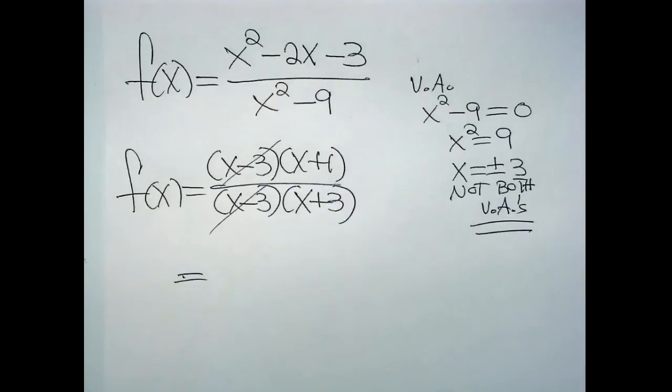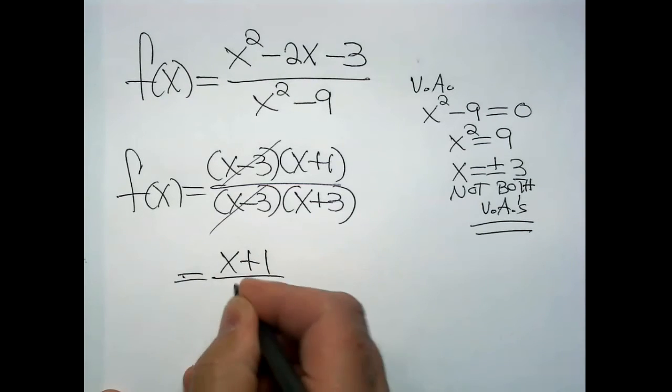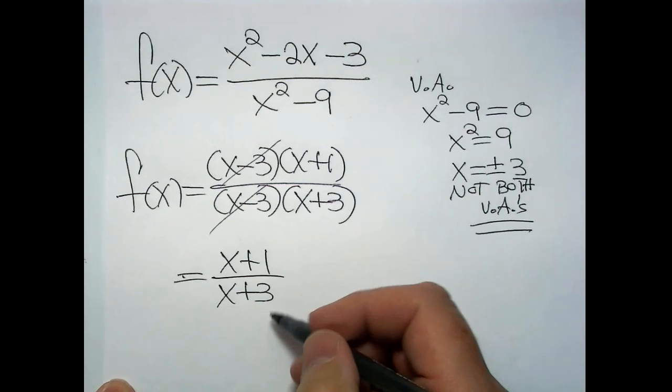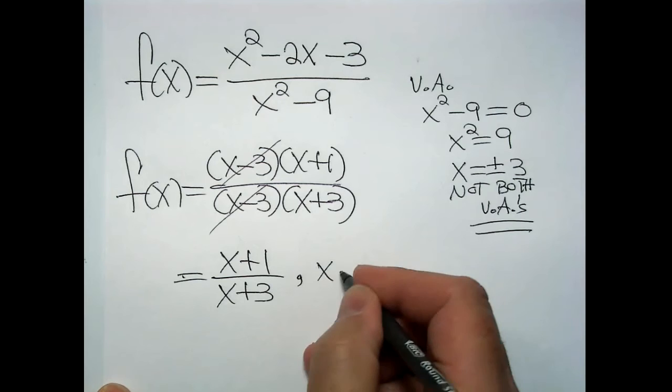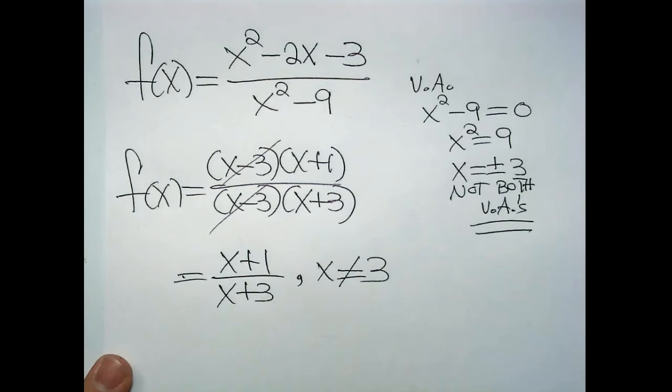So at x equals 3, the function originally is undefined. Somehow we need to reiterate that. So even though we've canceled it out, even though we've created a new function that behaves at x equals 3, we have to indicate that there's still a problem at x equals 3.